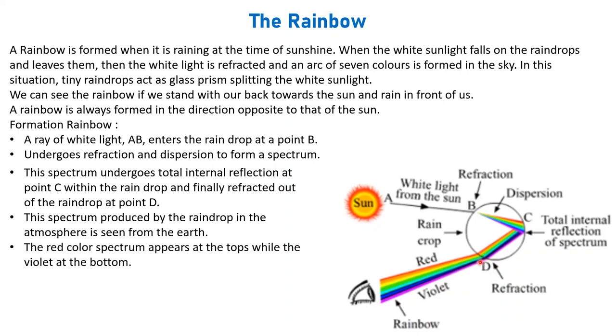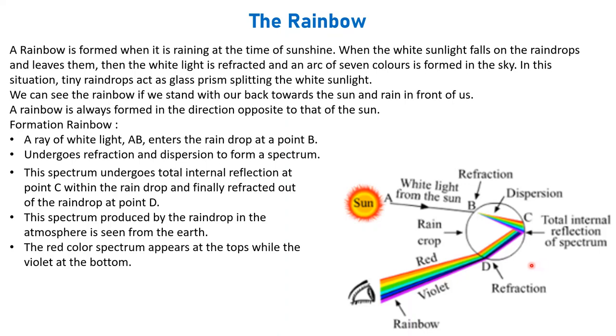The most deviated is violet and the less deviated is red. Very important. And now a person can see a rainbow. So all these small tiny little drops, okay, they do the same type of phenomenon, and because of that you will see a complete rainbow in the sky.